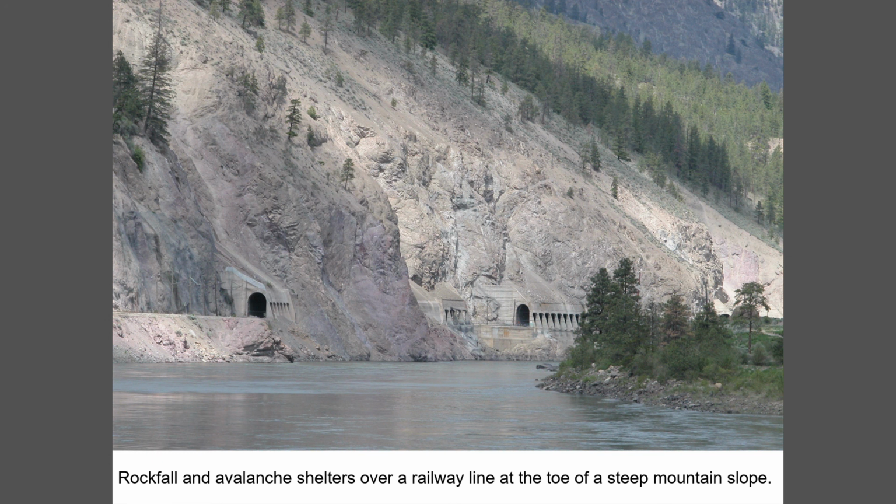Some are real tunnels, some of them are cut and cover tunnels, where you've got a very robust protection, and usually the top of that is filled with rubble so that any rock coming down slides off, and in this case into the river. Of course, what you don't want is to have it cascading down onto another highway below you, but that's something you have to consider. But this is a very effective solution for both avalanches, snow avalanches, and for rock falls.